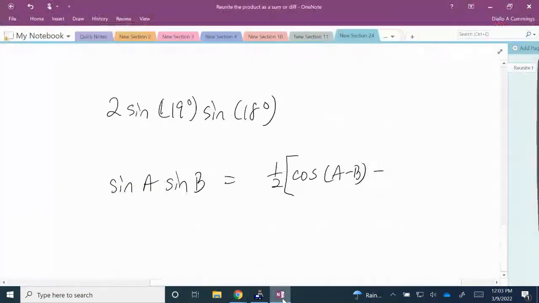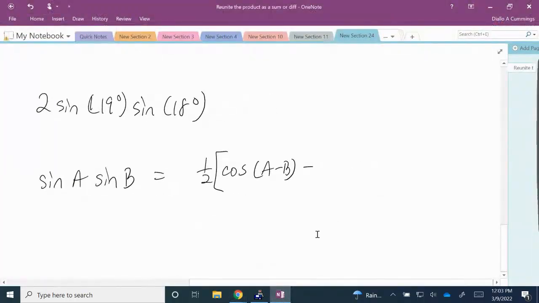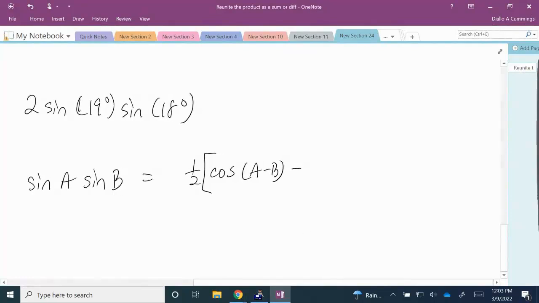Yeah, cosine. So that's cosine A minus B minus cosine A plus B.